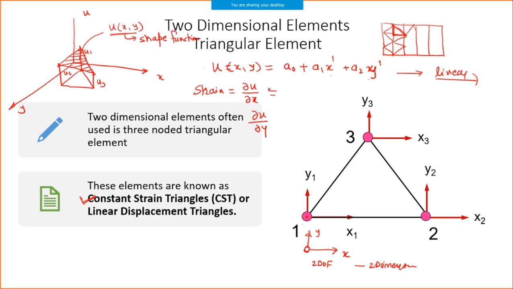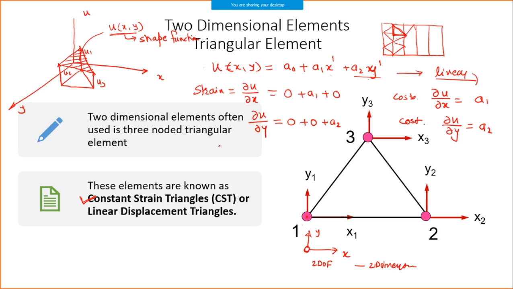If I take the first derivative with respect to x, a0 is a constant, and the derivative of a constant is 0. Then the a1x term gives a1, and the a2y term gives 0. So du/dx equals a1, which is a constant. Then du/dy is again a constant, a2.